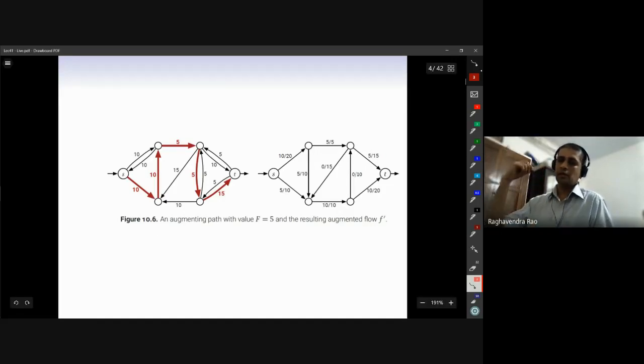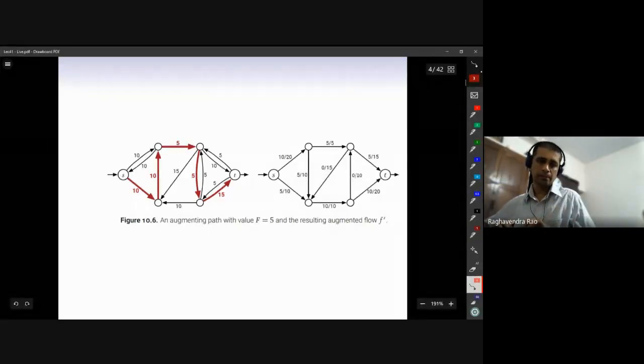So here the intuition, at least as far as I understand it, is that edges in the forward direction in the residual graph represent what more can be added to the flow. If you are thinking of these as representing road traffic, you can add more.